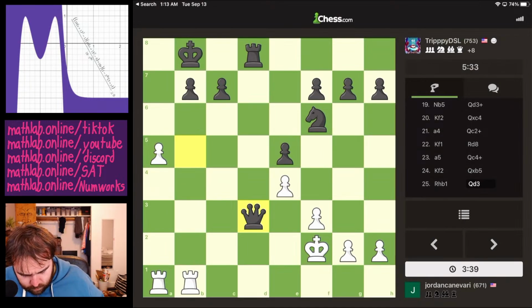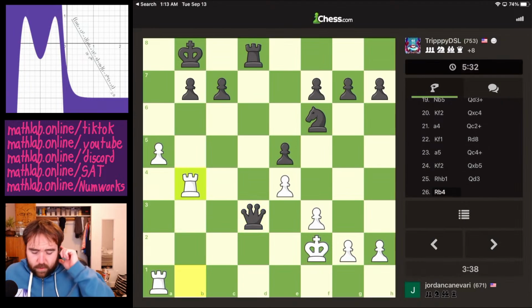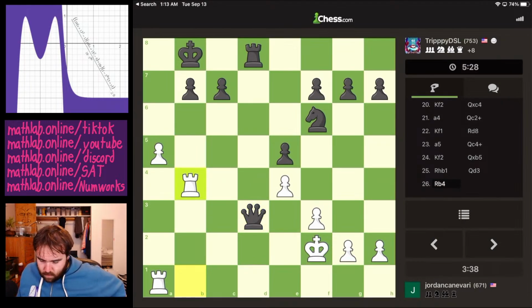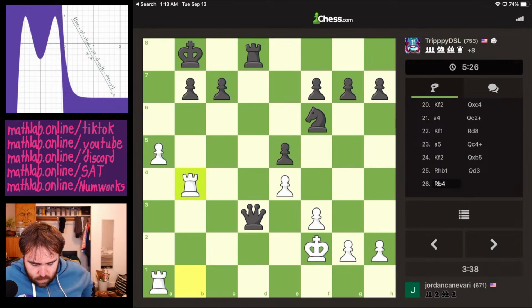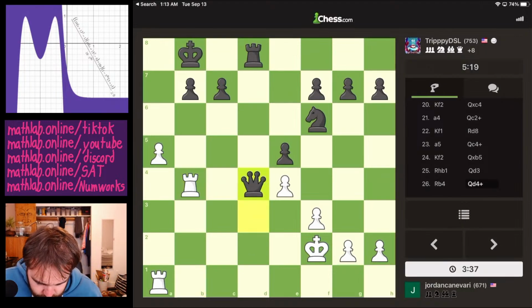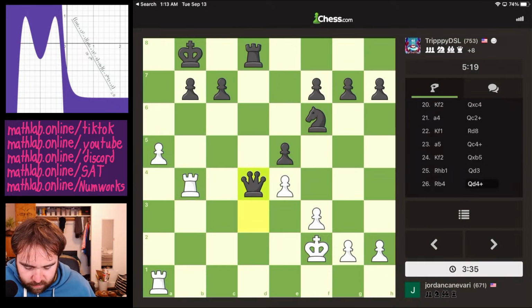Well, we're safe to go here for now. If he pushes the pawn, we just push right by the pawn. So I won't even hate that. And then he won't have time to prepare. I'll have time to get my rook over there.